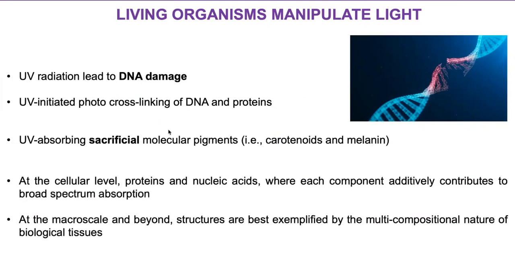At the cellular level, proteins, nucleic acids, and other components actively contribute to a very broad spectrum of absorption. And then we can have more than one type of molecule, and they will allow us to achieve more than one function by selectively absorbing light at a specific wavelength.